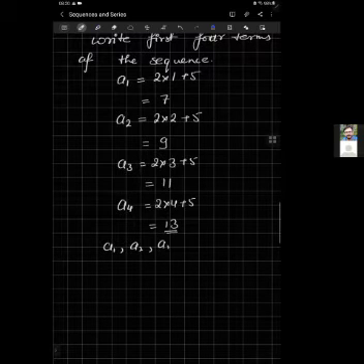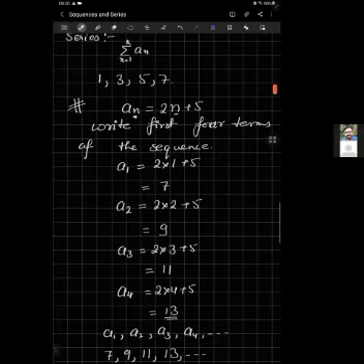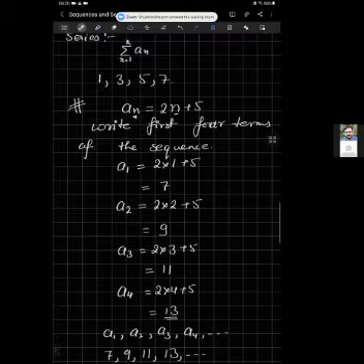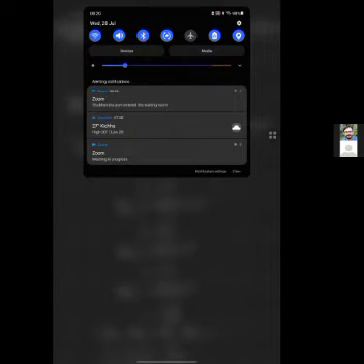So A1, A2, A3, A4, and so on. But we were supposed to calculate only first four terms. So first is 7, then 9, then 11, then 13. This is the sequence which we have prepared as per asked question. So hope you are able to understand when they are asking this kind of questions.